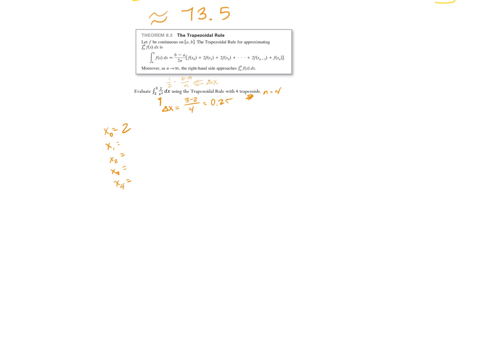This 0.25 is describing the width of that trapezoid, which is going to be 2.25, 2.5, 2.75, 3. Questions?